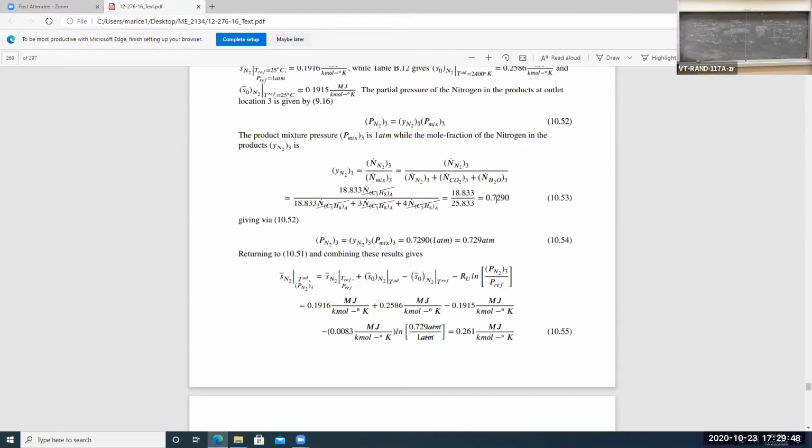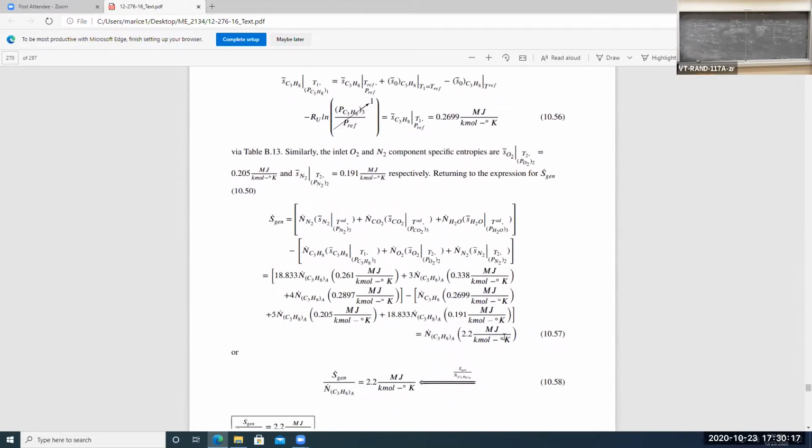Apparently 73% by moles of the outflow is nitrogen, and so you get a partial pressure of about 0.73 atmospheres for the nitrogen at the exit. Plugging in everything we know, we find that the absolute entropy of the nitrogen at the exit is 0.261 megajoules per kilomole degree Kelvin.